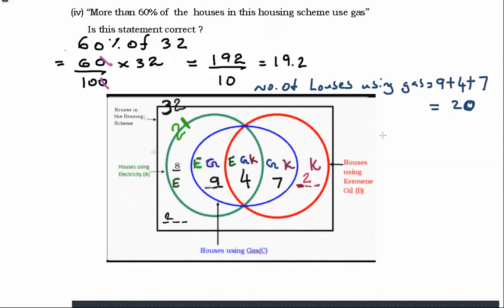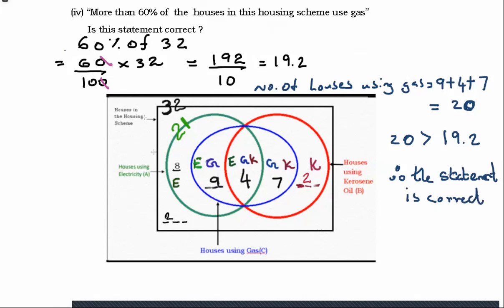So 20 is larger than 19.2. Therefore, the statement is correct. You can give the reasonings in both these ways. All right. So that's it with this question.